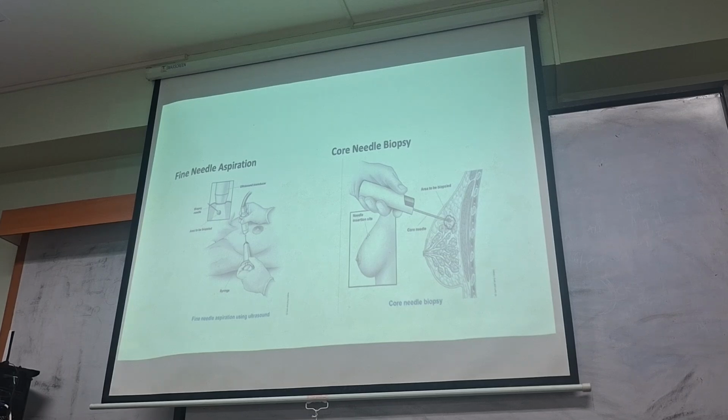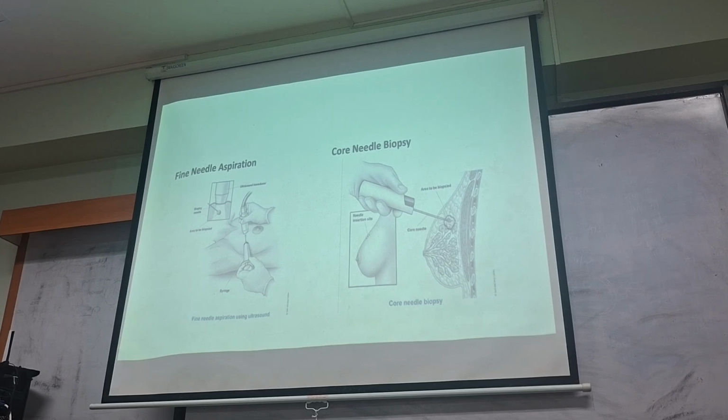Fine needle aspiration is not the biopsy modality of choice because it only aspirates cells. You cannot differentiate an invasive from an in situ carcinoma without seeing cells in their architectural pattern, wherein the malignant cells would invade basement membranes. So this is important.